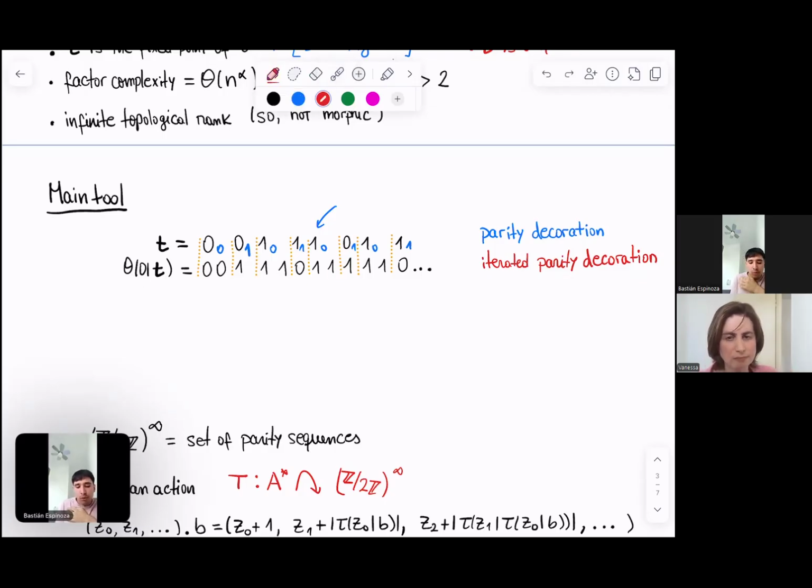So what we're going to do is consider also the parity decoration of the image. And then we're going to lift this parity to the previous level, so that at each letter in the previous level, we're going to add the decoration of the letter that is immediately below, like this.